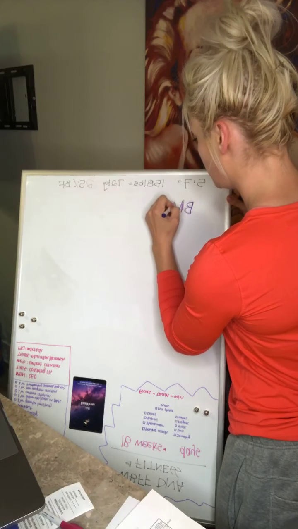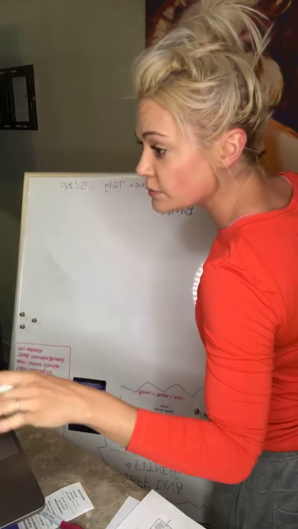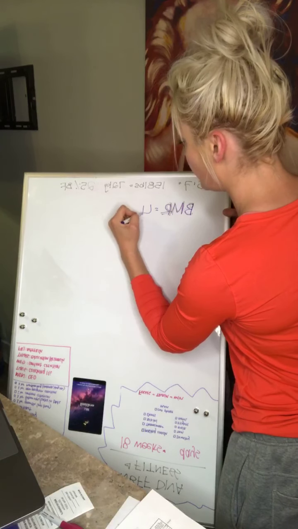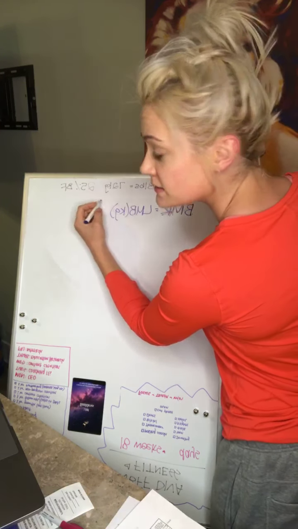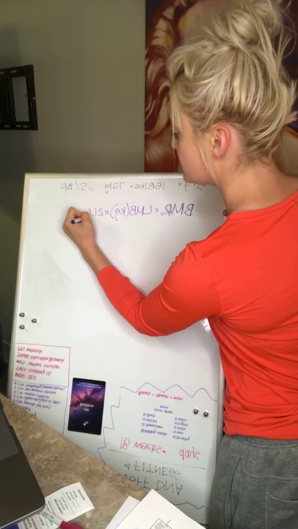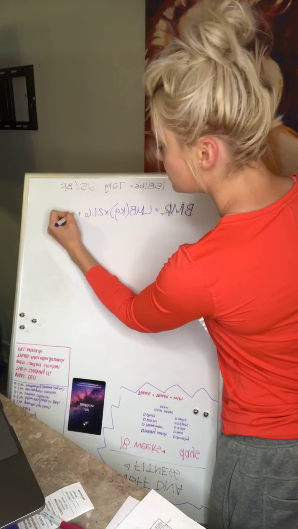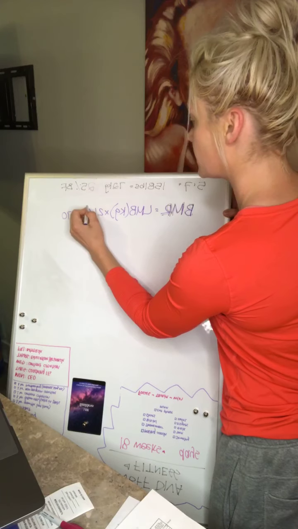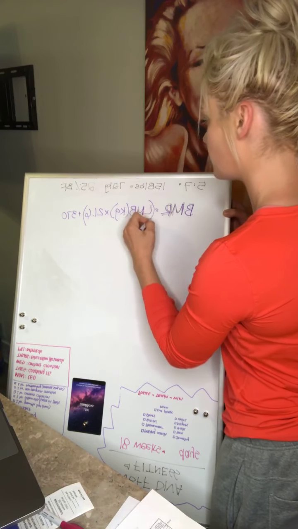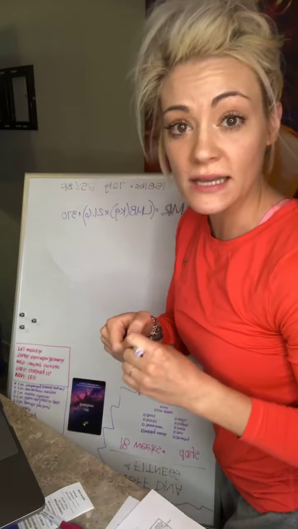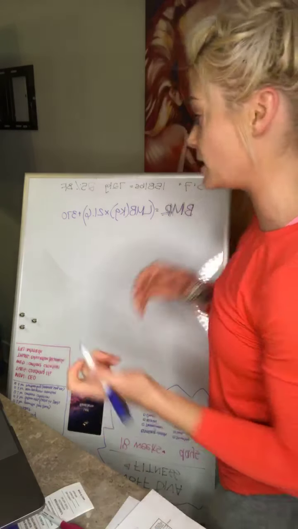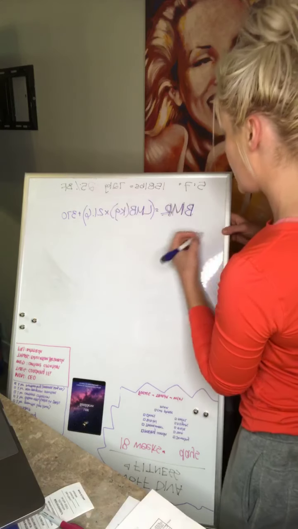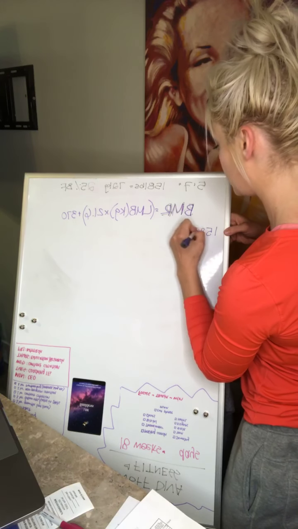BMR is going to be your lean body mass in kilograms times 21.6 plus 370. How do you get your lean body mass after you know your body fat percentage? This gal is 158 pounds.